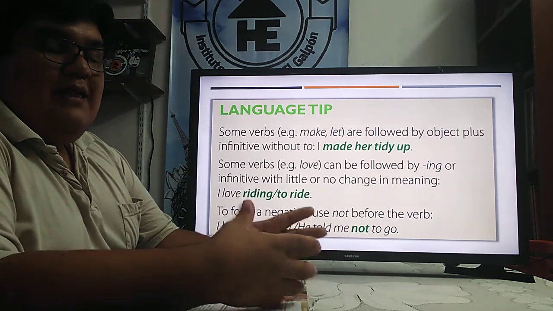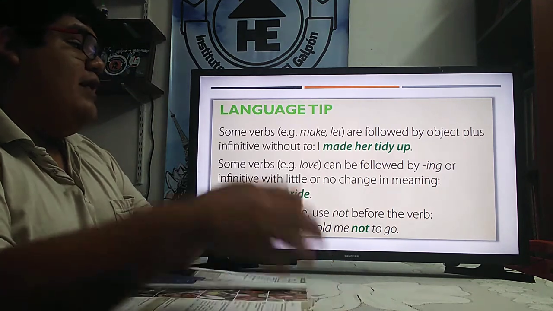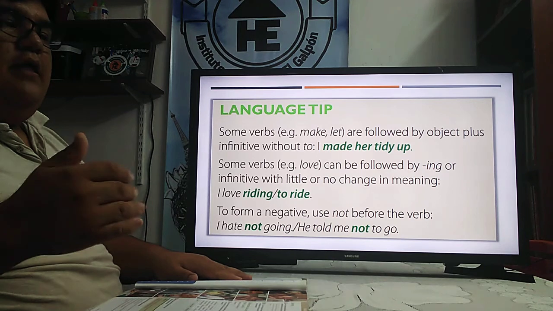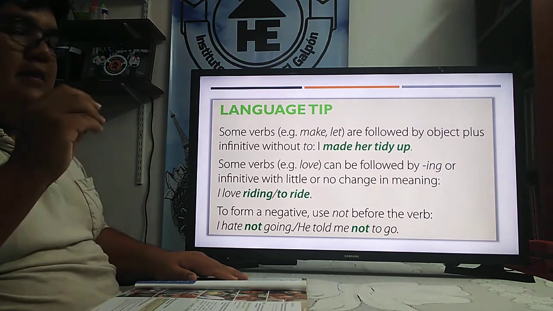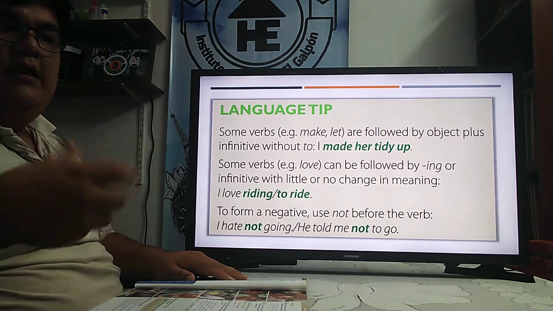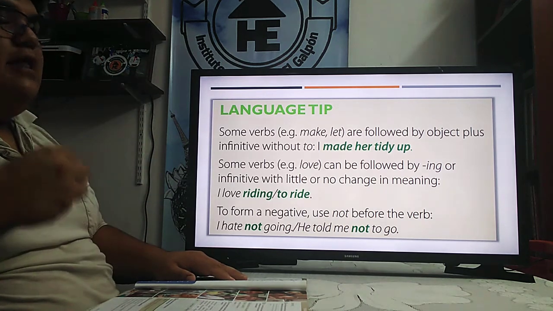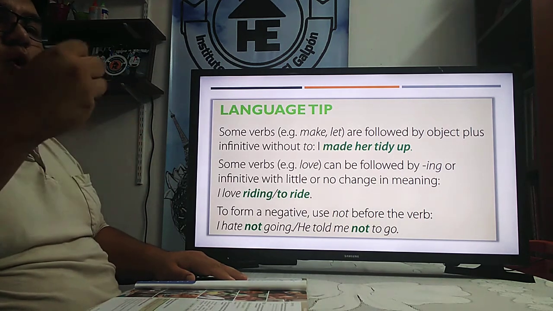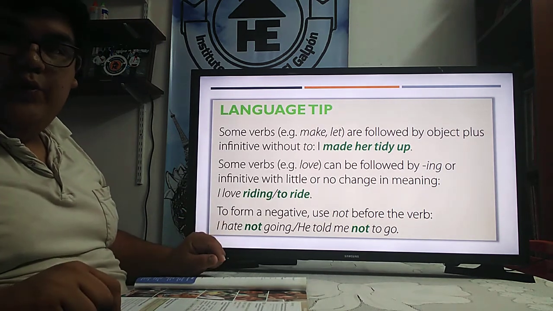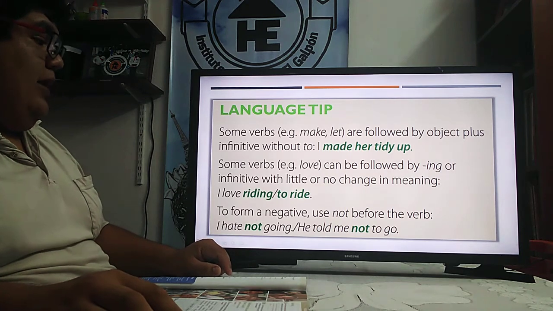In these cases, we can use a to or an ing, but please don't think a lot about it. Just take it easy, yes? Try to learn from reading, try to learn from the examples, and don't go deep into grammatical theories because you're going to get confused, as I've already told you in class.